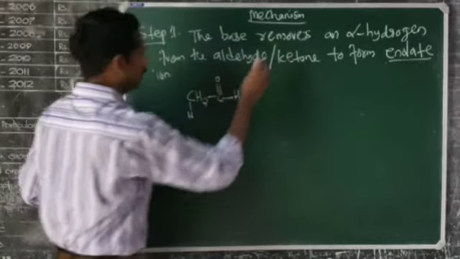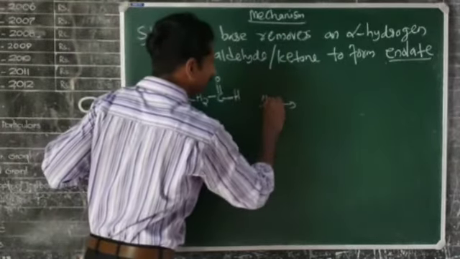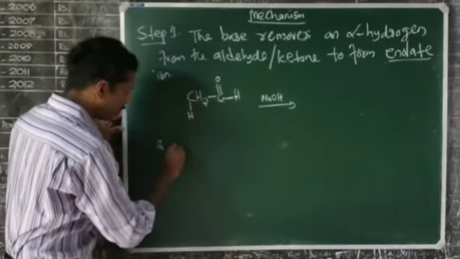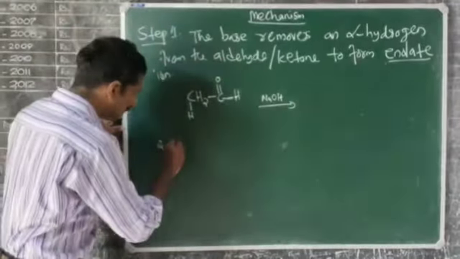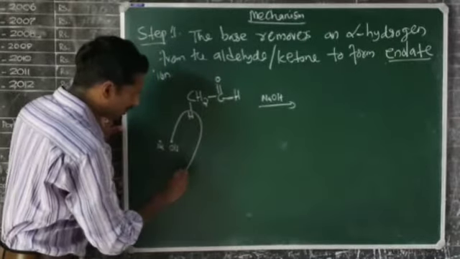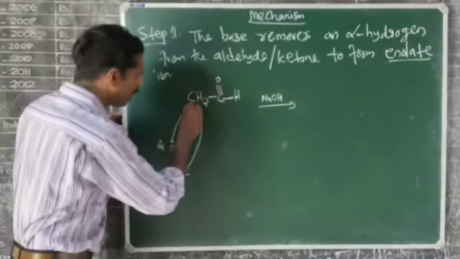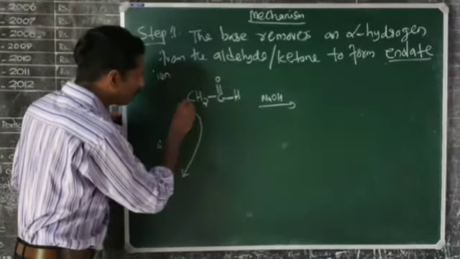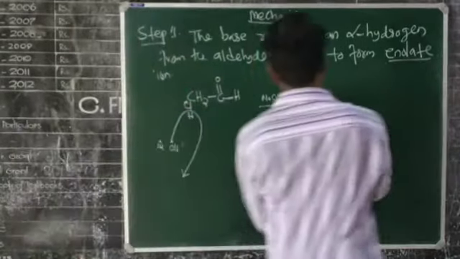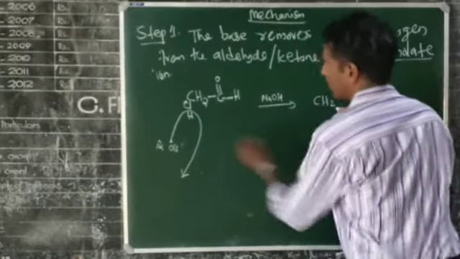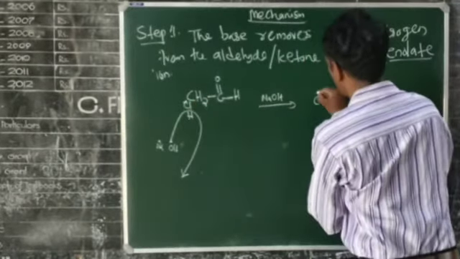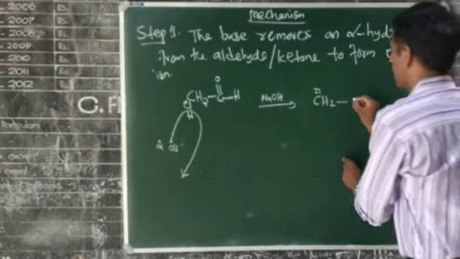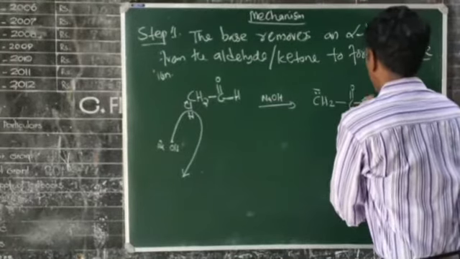If this reaction is taking place in presence of dilute NaOH, that means Na plus is there, OH minus is there. The base removes the alpha hydrogen, removes this proton. And what will happen to this bond? This bond, that means a pair of electrons, will go back to carbon. So we get a structure like this, CH2, and the two electrons are coming to carbon, and hence it will get a negative charge. Then C double bond O H.